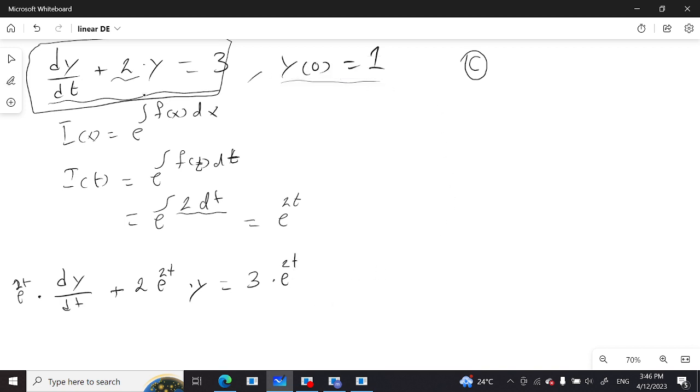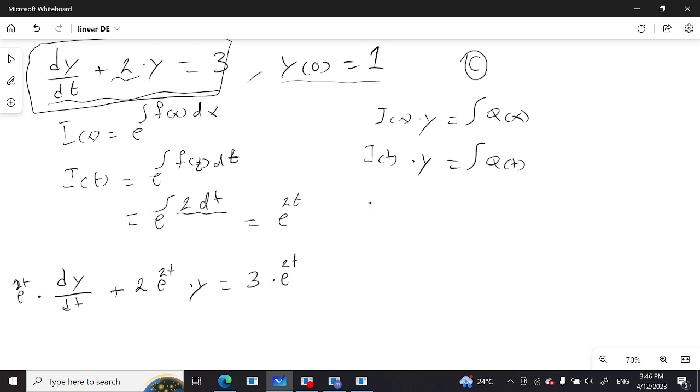Now the final step, or the second to final step, is to find the general solution, which states I of x times y is equal to the integral of q of x, or in our case I of t times y is equal to the integral of q of t.